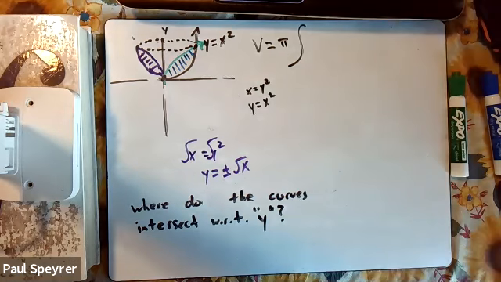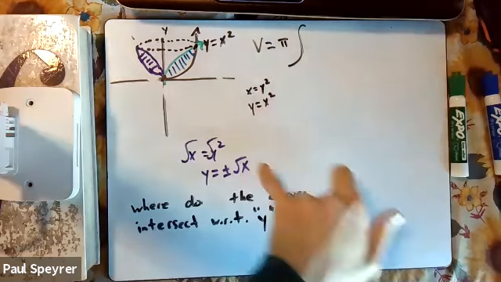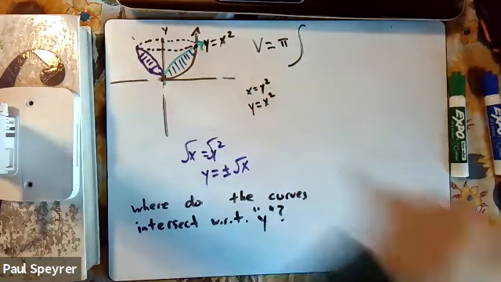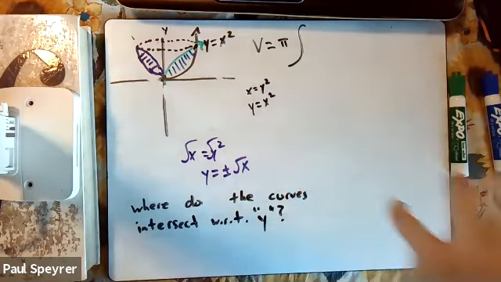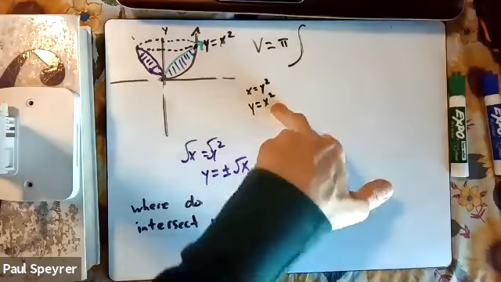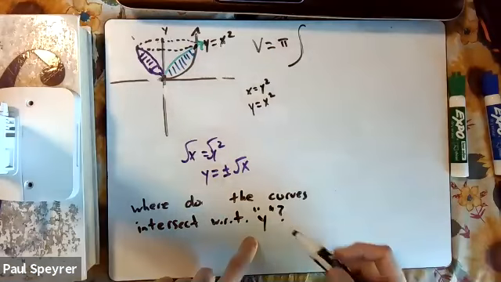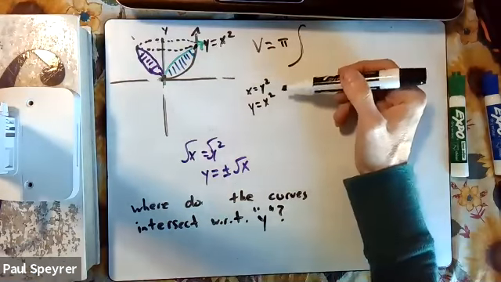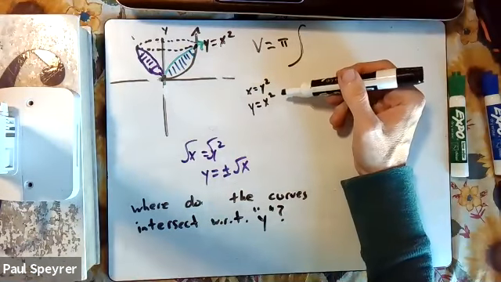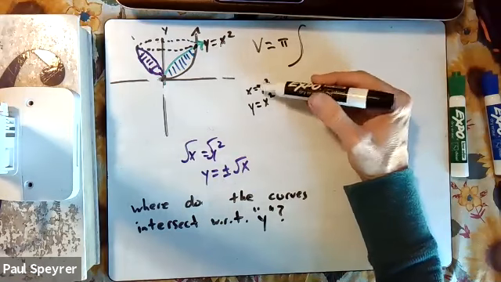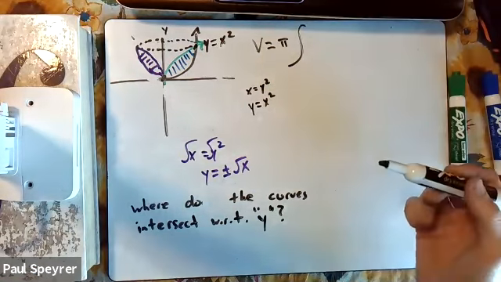Now be careful. This is the part where people start screwing stuff up, because they just look at the original equations, x equals y squared, y equals x squared, and they just set them equal to each other in their current form. Well, you can't quite do that. Remember, if we're doing this with respect to y, both of your equations need to be in terms of y. That means you have to have x equals blah, blah, blah, right?